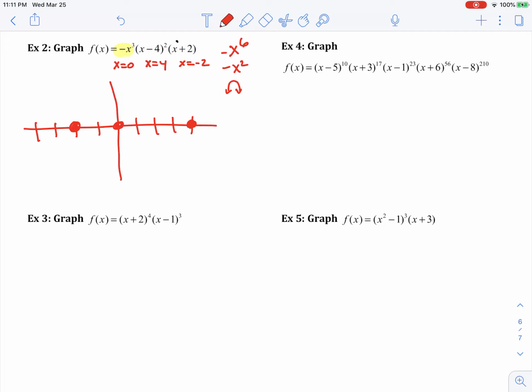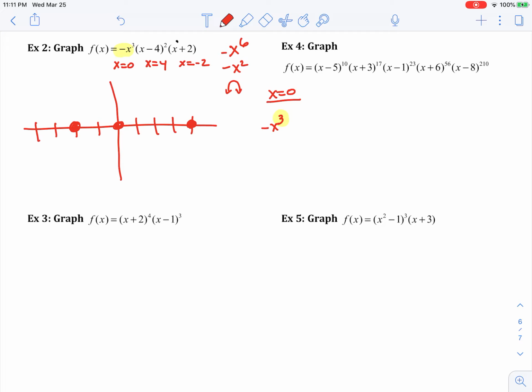So if we look at the behavior as we approach x equal to 0, and x equal to 0 came from that factor of a negative x cubed, we already know that the behavior around x equal to 0 should look like an x cubed graph, okay?